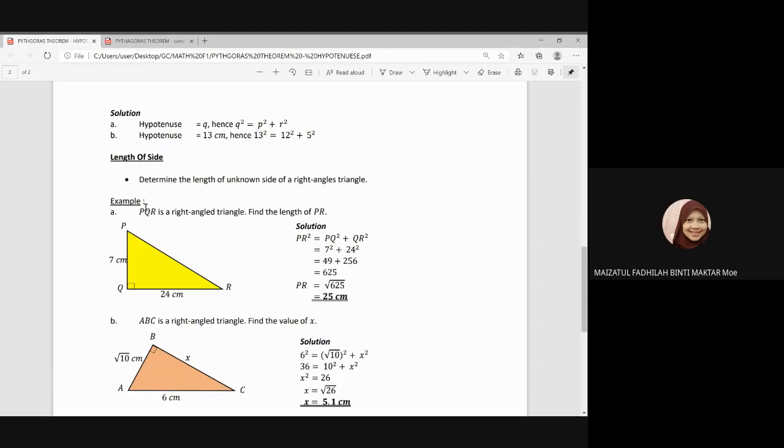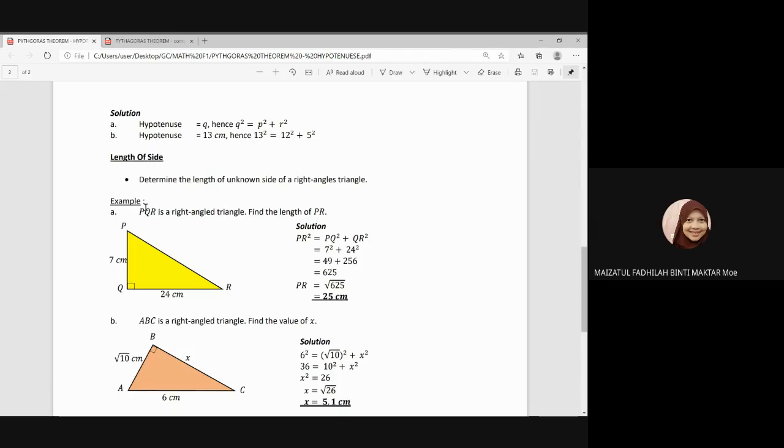Example, PQR is a right angle triangle. It is stated to you already that PQR is a right angle triangle. You need to find the length of PR.